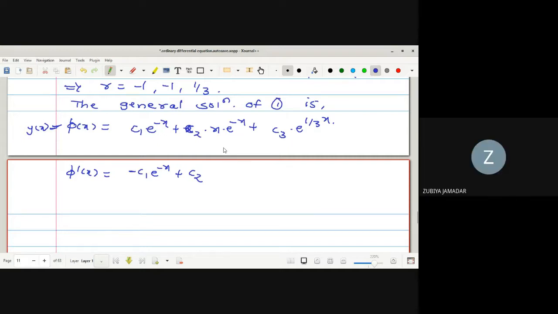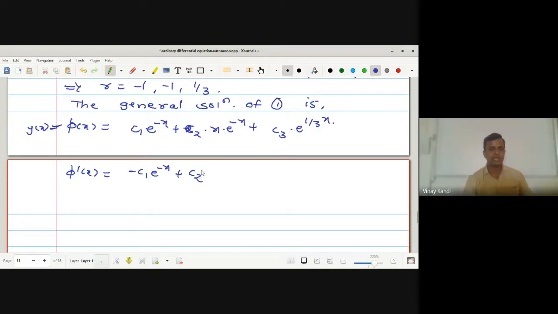Yes, sir. Let's do it. First as it is, derivative of second, plus second as it is, derivative of first is 1, plus c3 as it is, 1/3 into e^(x/3).